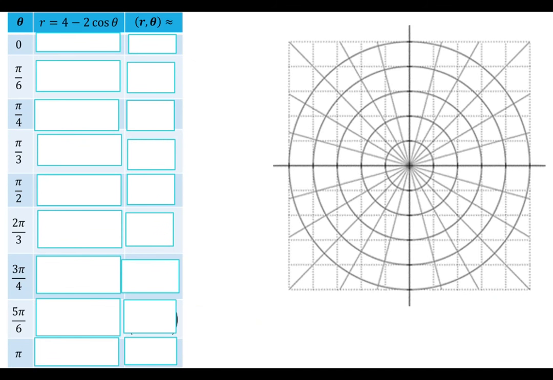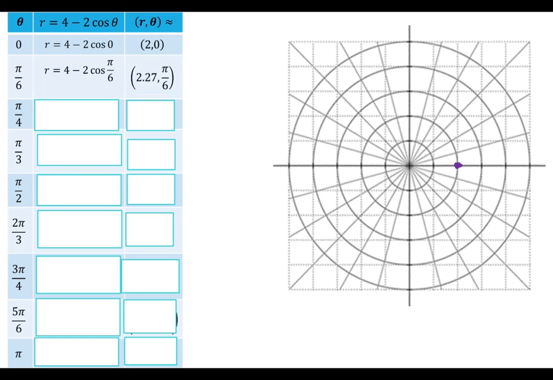So, doing the exact same thing, remembering that we have that polar axis symmetry, I'm going to plug in 0 here. What do we get? We're then going to get 2, 0. Then plug in pi 6, 4 minus 2 cosine pi 6. If I approximate that, I claim we get 2.27 at pi 6. And so 2.27 at a rotation of pi 6 is about right here. But if we want, we can go ahead and start working on those mirror points.